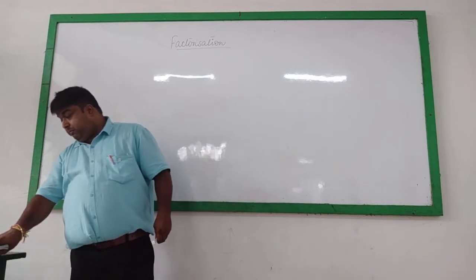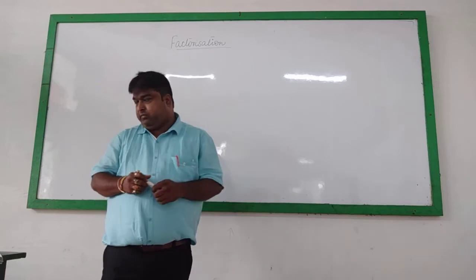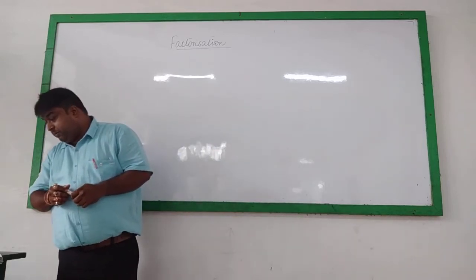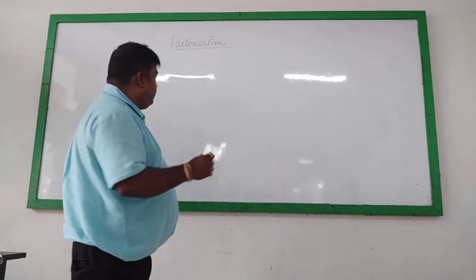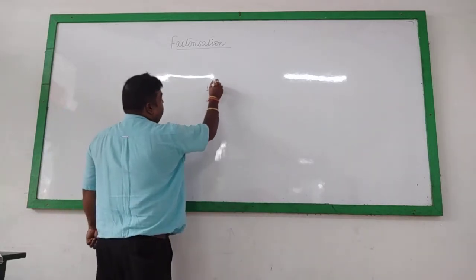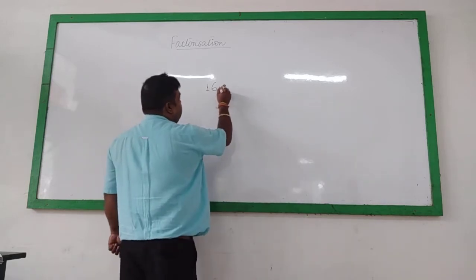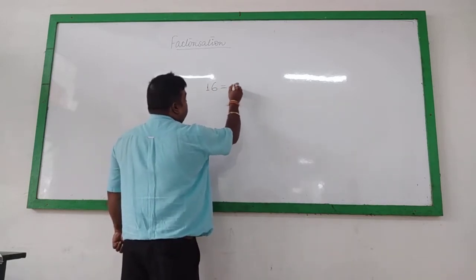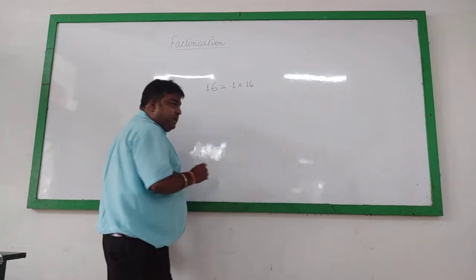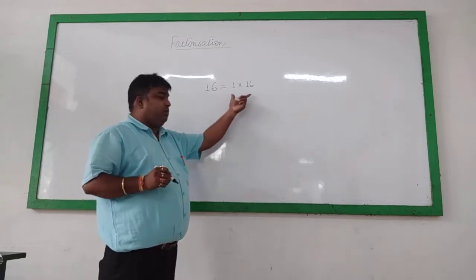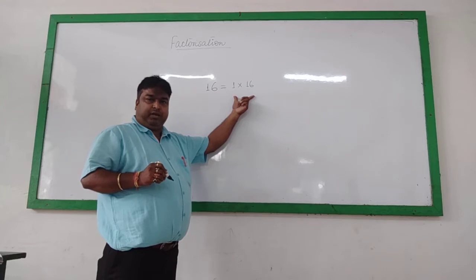For example, say 16. Now 16 can be written as a product form. It can be written as 1 into 16. This is also a factorization form.